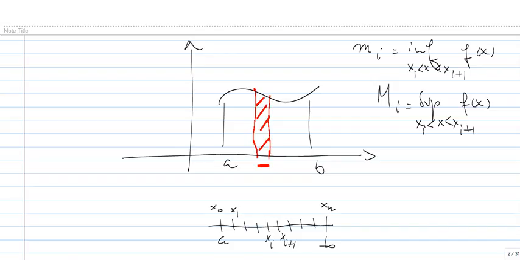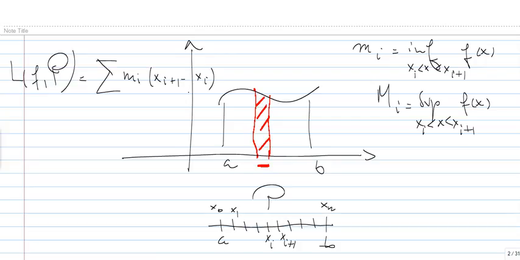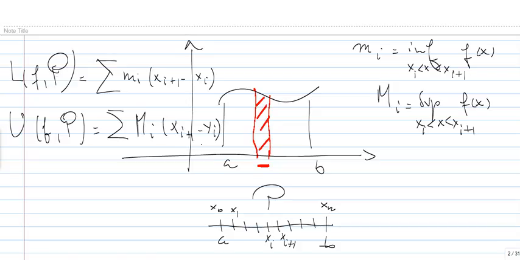Using these two numbers, you come up with the lower sum of f with respect to this partition, which is the sum of mi times the length of the interval, xi plus 1 minus xi, and the upper sum, which is the sum of capital Mi times xi plus 1 minus xi. So what are the simple functions that approximate my function?